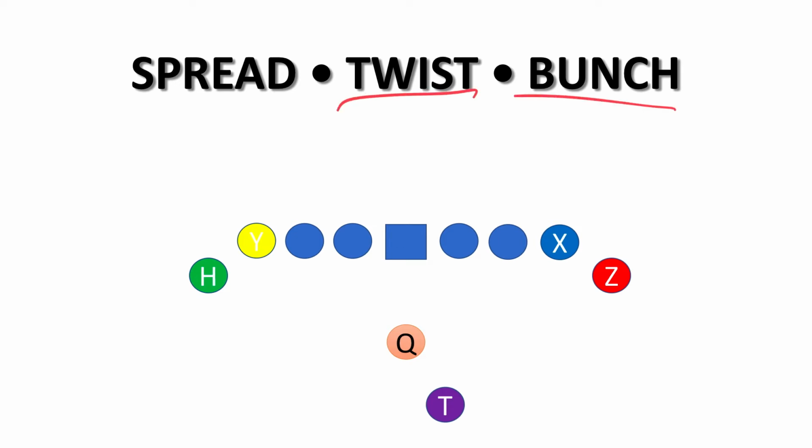So what did we do? We twisted the receivers in their alignment and we bunched them. Okay. So when we bunched our receivers, they take 1 yard splits. And if you didn't get the look you wanted when you went regular spread bunch, you can try going twist bunch and seeing if now that defensive end is going to treat him like the end of the line of scrimmage.